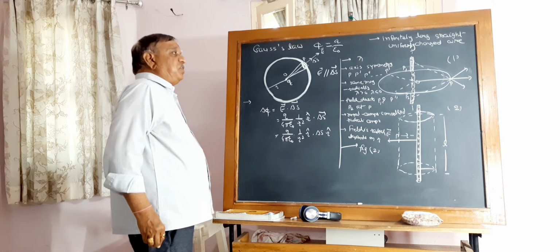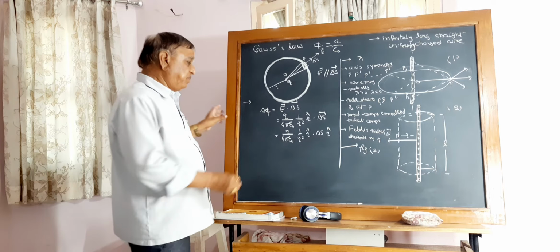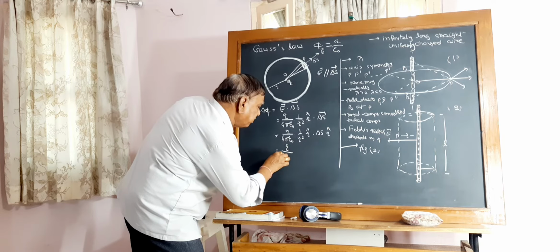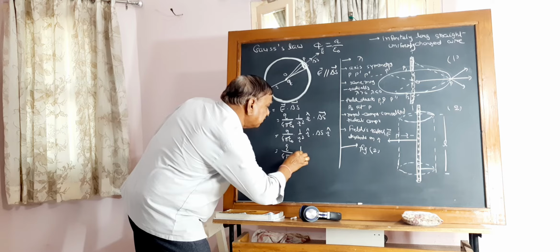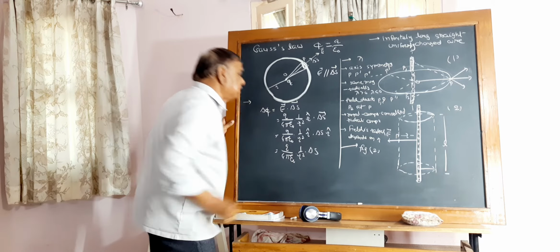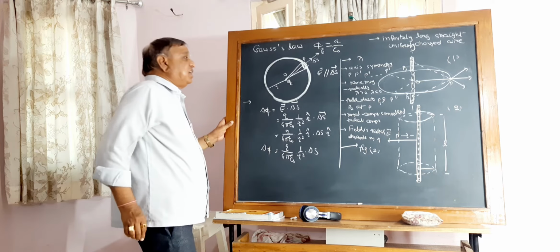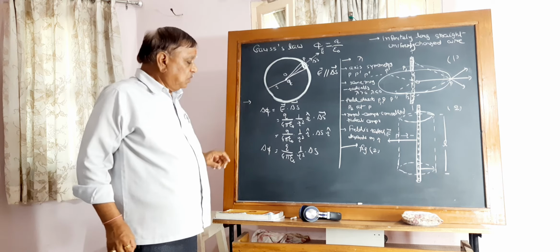R cap is the unit vector in the radial direction. So finally q upon 4 pi epsilon 0, 1 upon r square delta S. This is the flux linked with the small area element delta S.